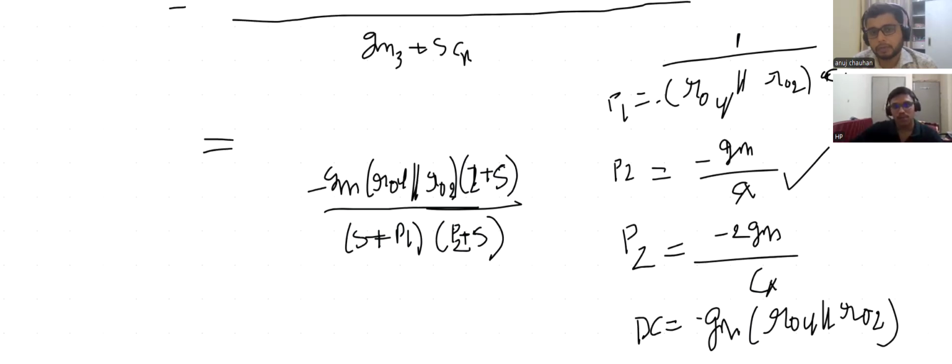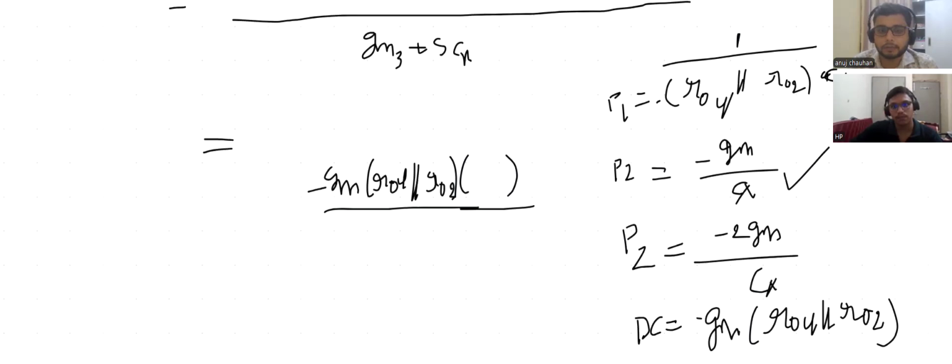Actually, I need to write it in the one plus time constant form, that is the actual way of writing a transfer function, because if you take P1, P2 and other things out, your DC gain will change. Yes, this is the correct way, 1 upon, okay, that's fine. So this is the correct expression for that.